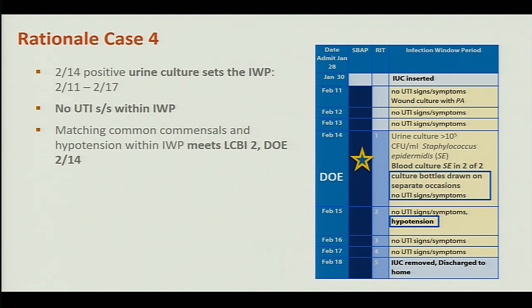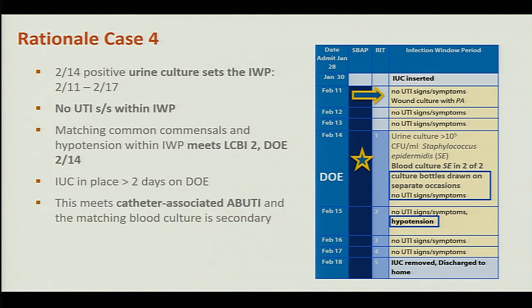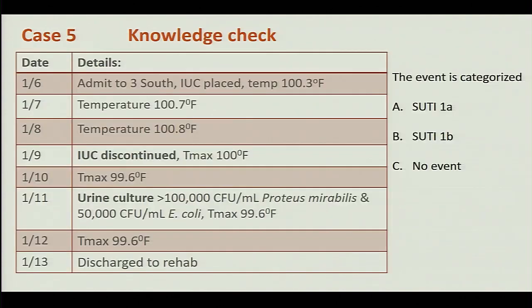And so we have our date of event on 2/14. The catheter is in place for greater than 2 days on the date of event. So this meets a catheter-associated ABUTI, and the matching blood culture is secondary to that ABUTI infection with either chills or hypotension. Reportable if the location is in the reporting plan.